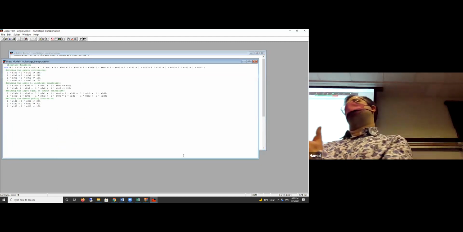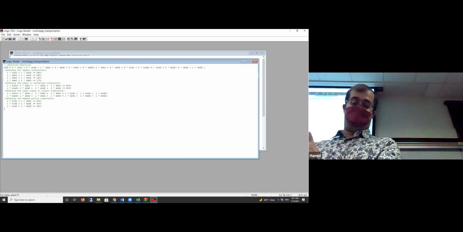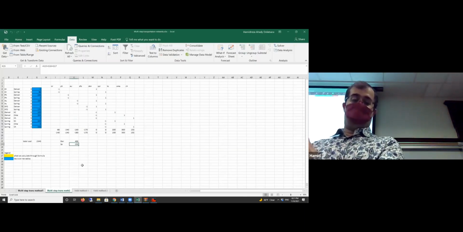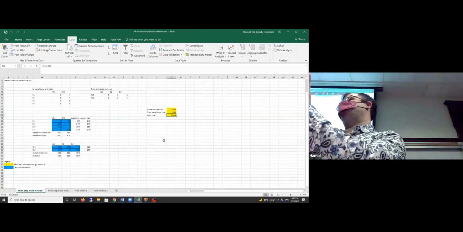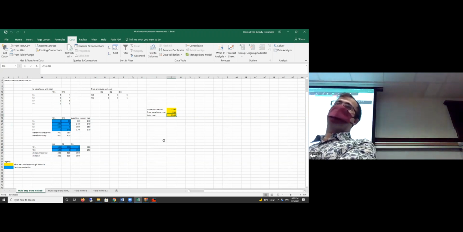I'm pretty sure if you see some problems in Lingo, it looks much easier, because in Excel you have to be kind of creative, like how to connect those tables. Maybe at the beginning Excel looks easy, but I'm pretty sure after a while Lingo looks much easier for you.